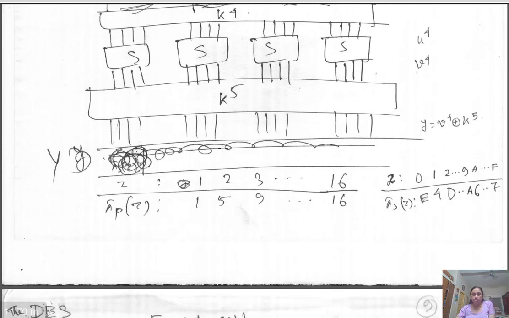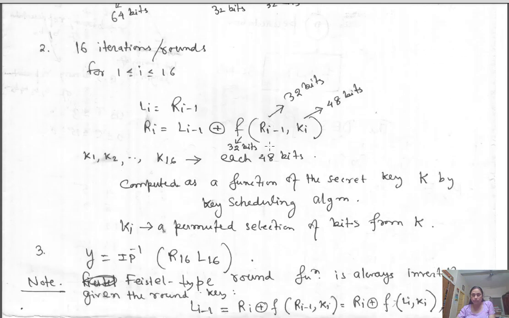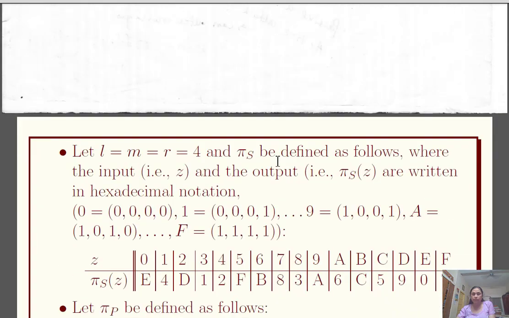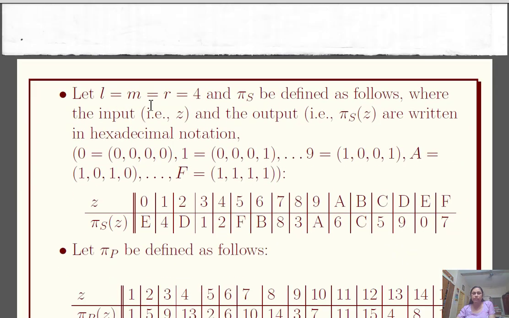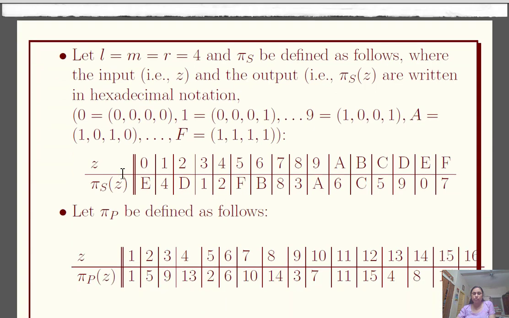So in SPN, these permutations, let me show you this example. I have this. Okay. So here, this specific example I have taken. Your substitution box is this. Some values I have written there. This is the whole substitution box. 0 is substituted as E, 1 is substituted as 4. So this is essentially your encoding into hexadecimal.